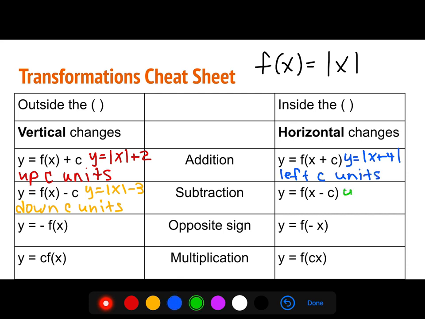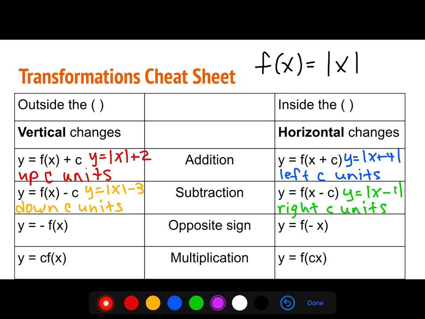And the next one, if the absolute value inside has a minus a number, like minus 1 inside, that's going to be to the right. It's going to be moving your V up, down, left, or right.